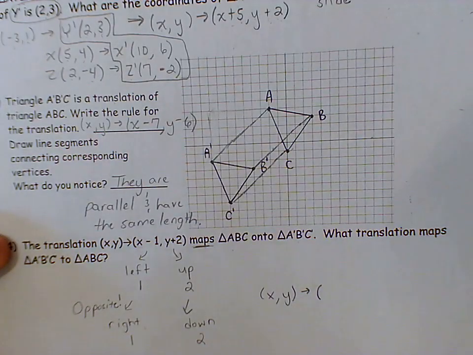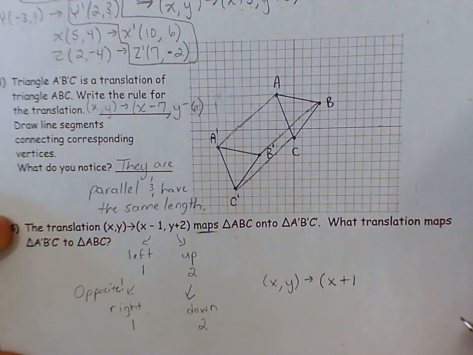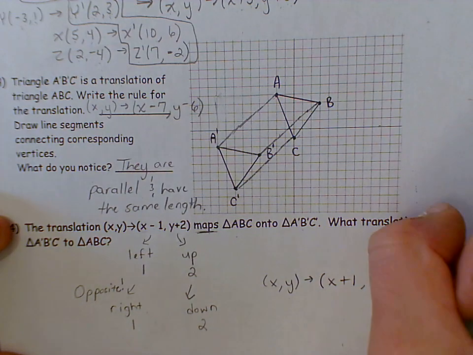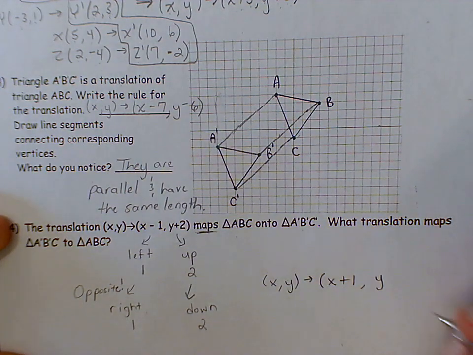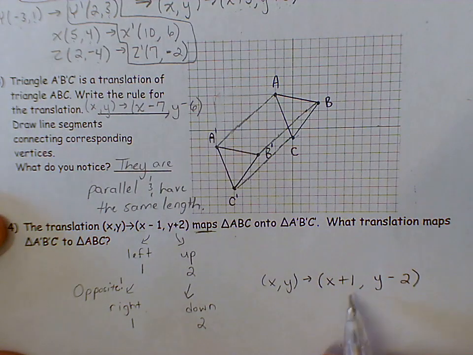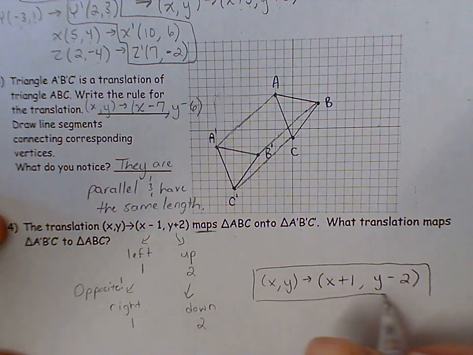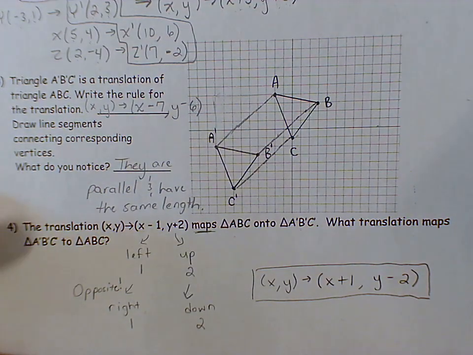Well, right would be adding, so we'd have to take x plus 1, and then down 2, that's a y thing, because the y-axis goes up and down, so it'd be y minus 2. Okay, so notice, that's the exact opposite of this, so that should make sense. So to bring it back to where it was, to undo what was done, you would do that.